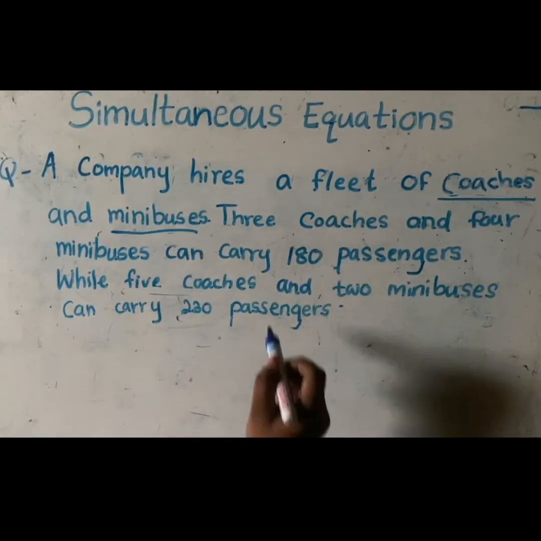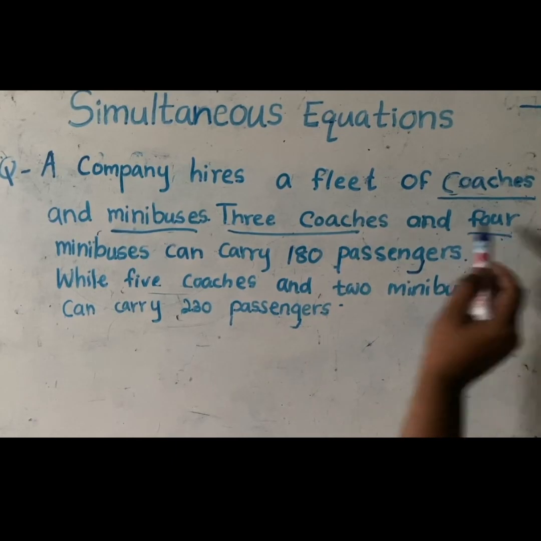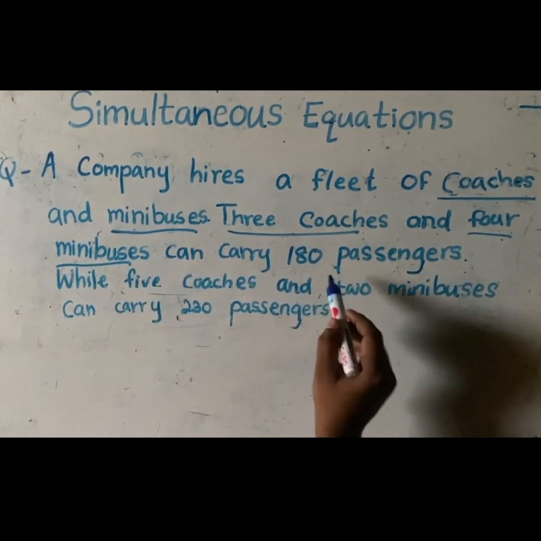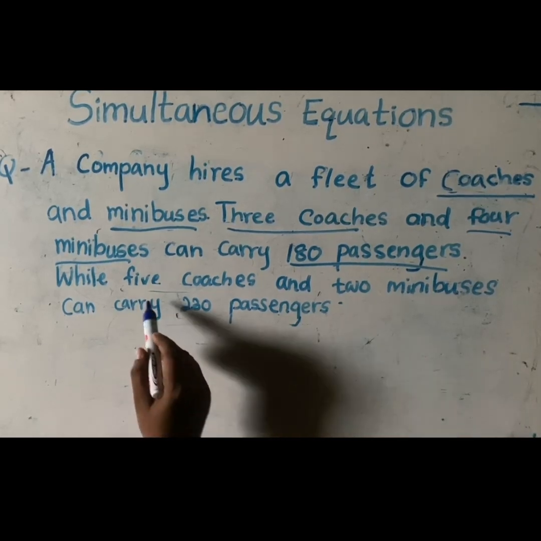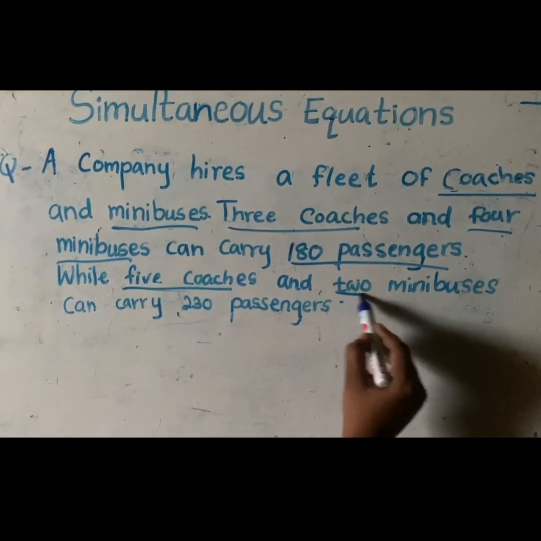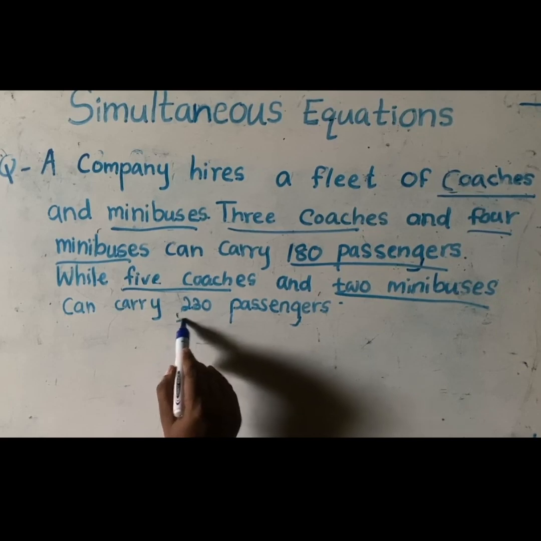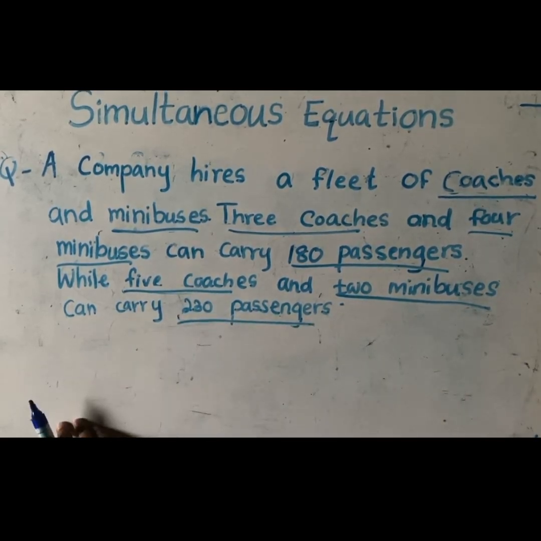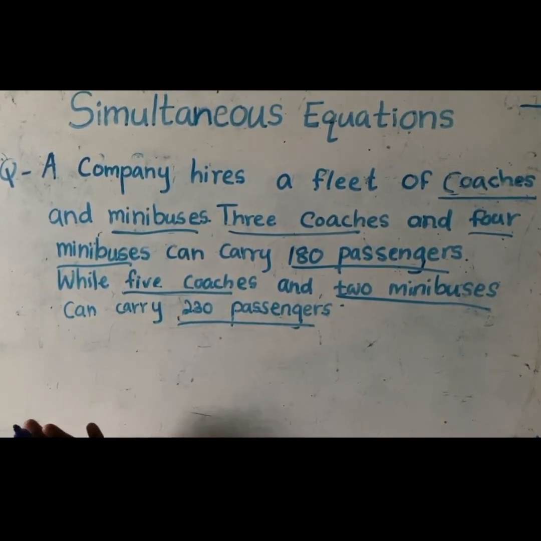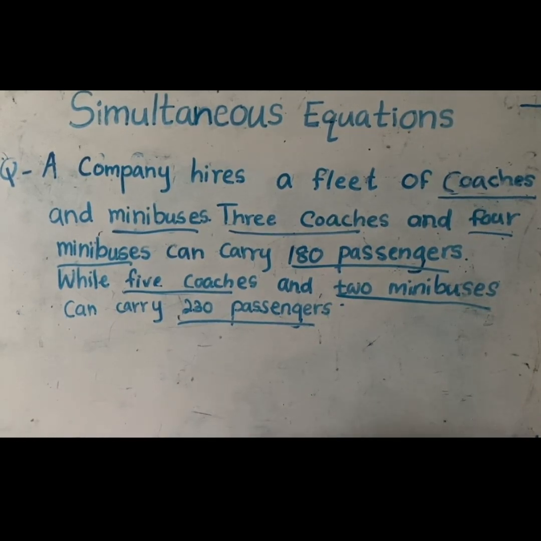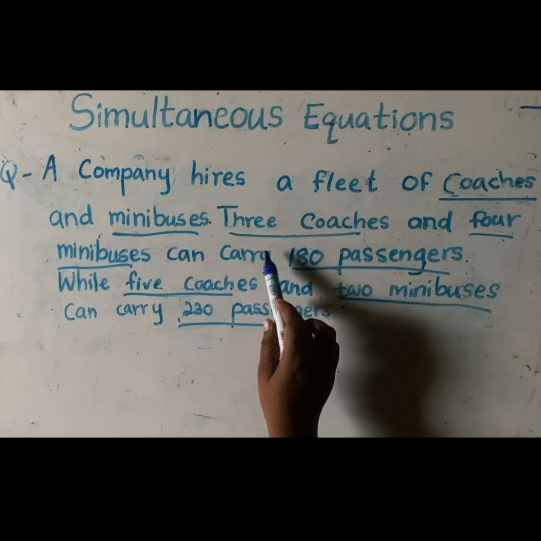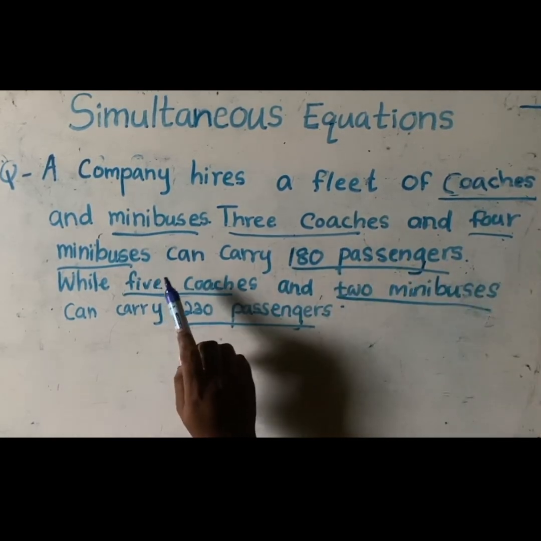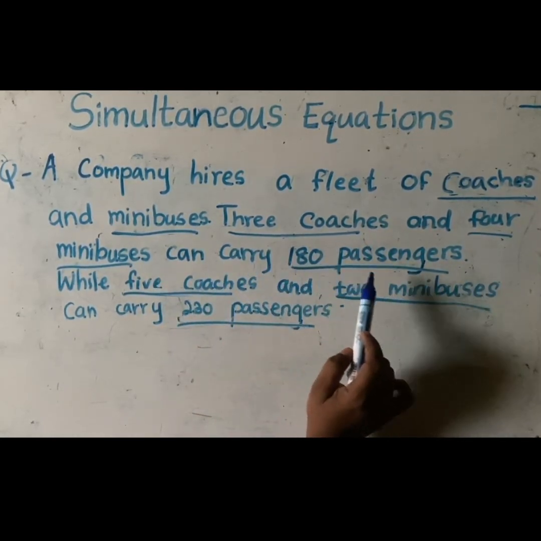Next, 3 coaches and 4 minibuses can carry 180 passengers, while 5 coaches and 2 minibuses can carry 230 passengers. Through this, we are going to build up the simultaneous equations.